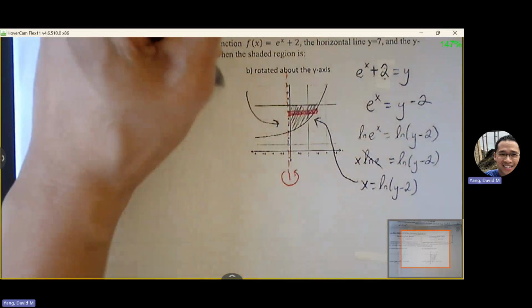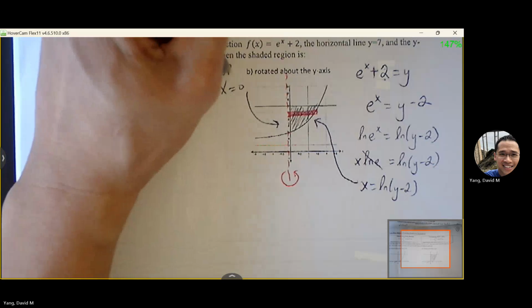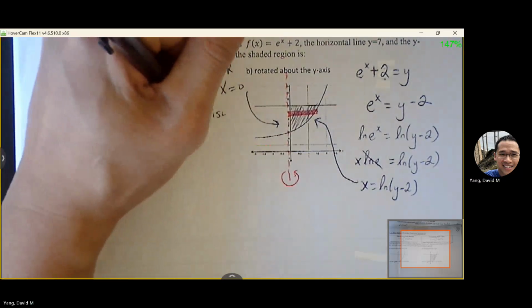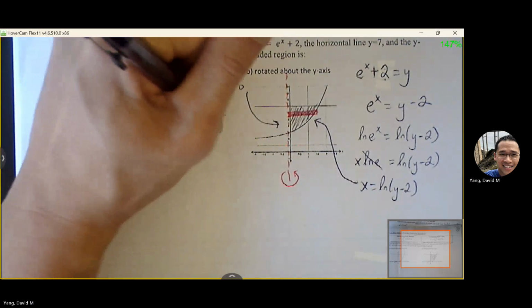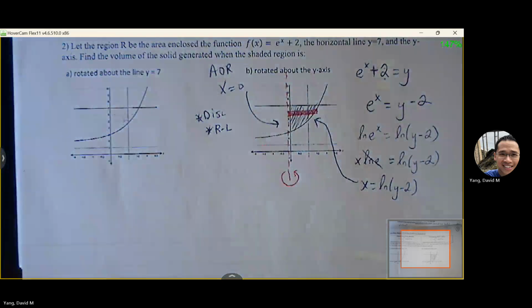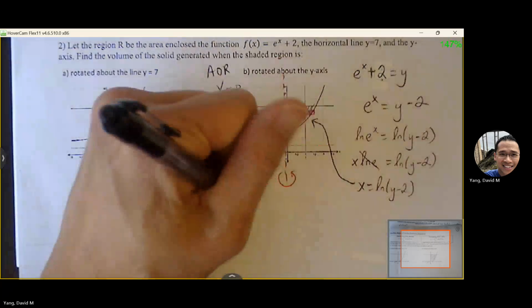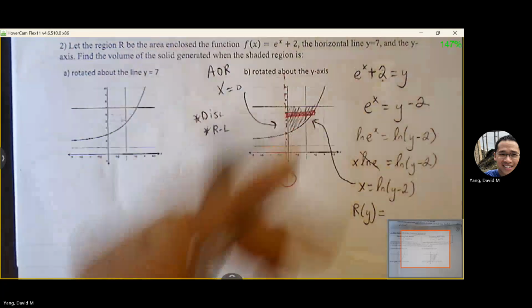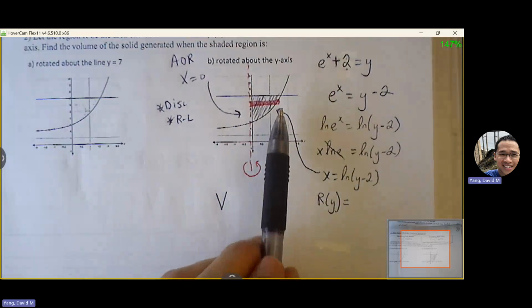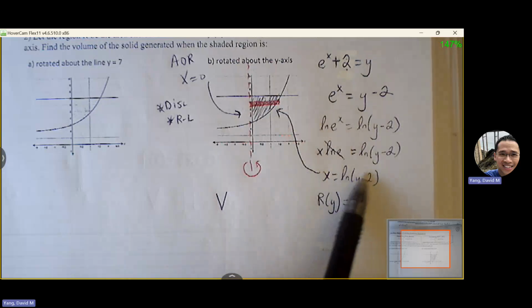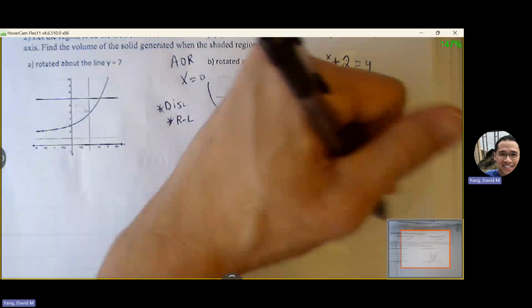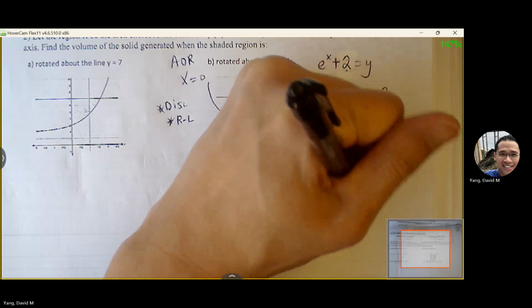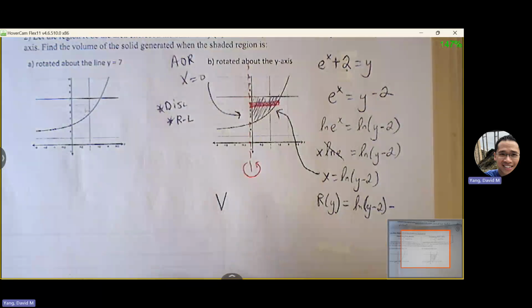Our axis of revolution is at x equals 0. This method, right minus left. The right endpoint of my radius is sitting on the curve, which is now adapted to be natural log of y minus 2. Minus the left endpoint.